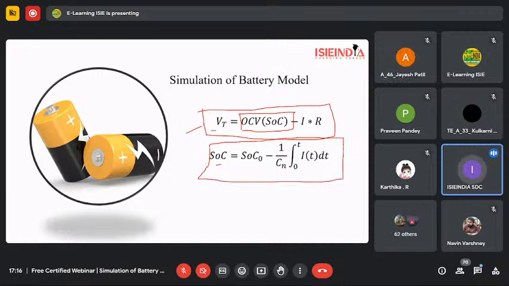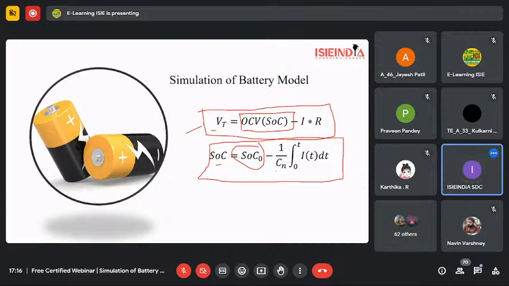This is the SOC, this is the initial SOC, this is the negative, and 1 by Cn, which is the battery pack capacity, the AH rating of the battery, and this is the current. This current is how the current is being withdrawn from the battery or given inside the battery.